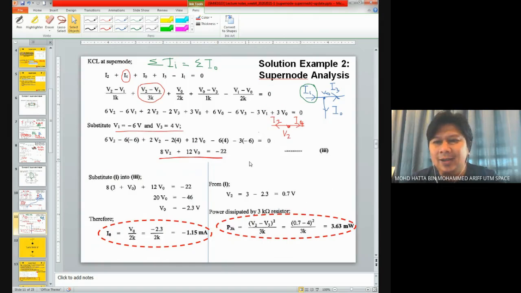The others are all about mathematics. So if you want to be a very good engineer in either electrical or mechanical engineering, your mathematics should be strong. So please remember that. All right, that's two examples of supernode.